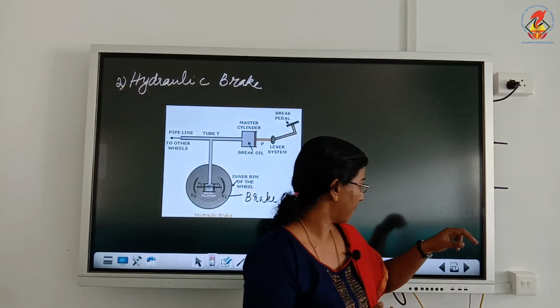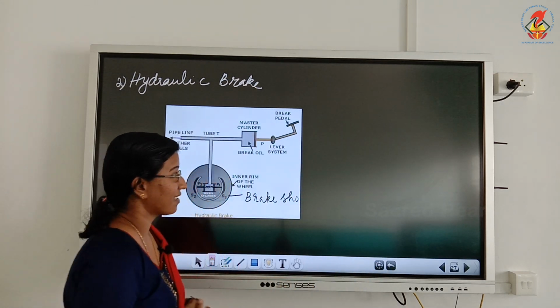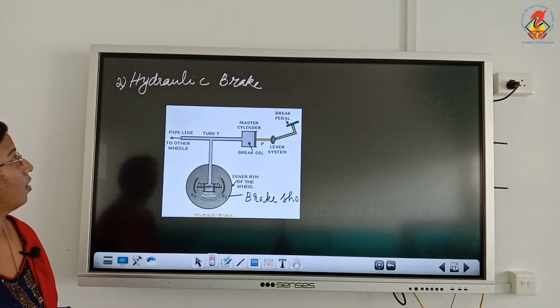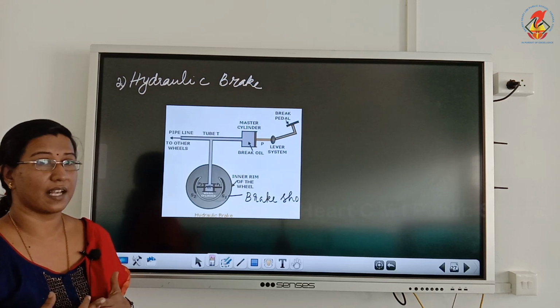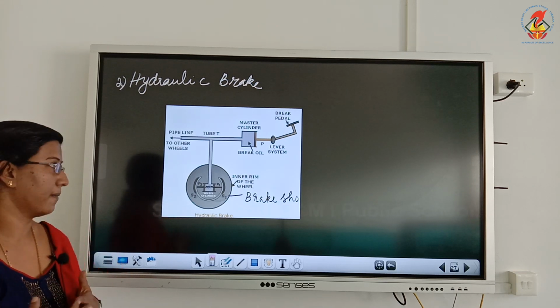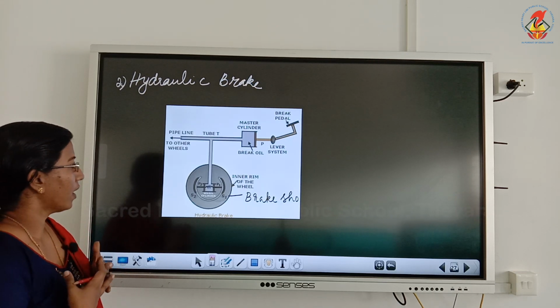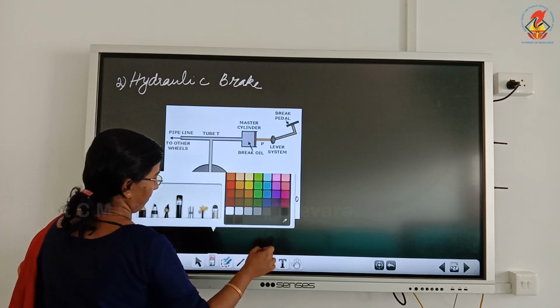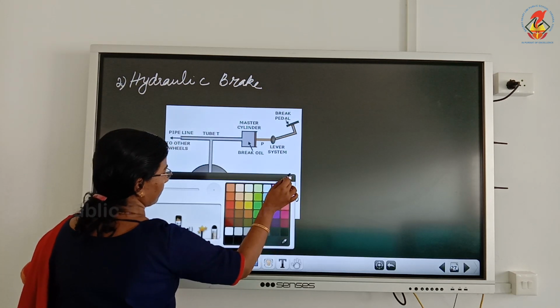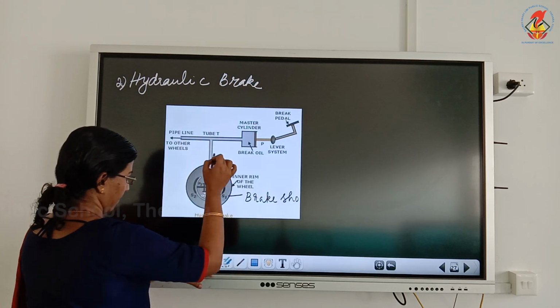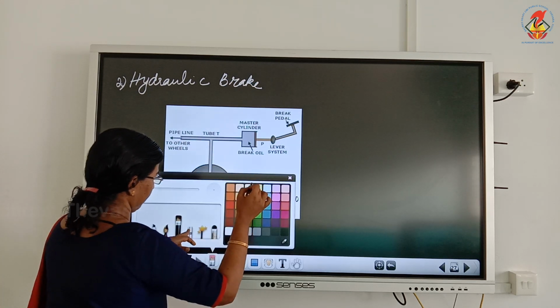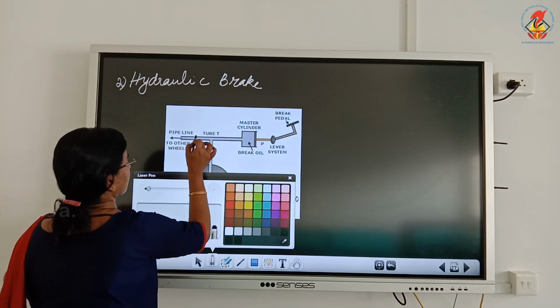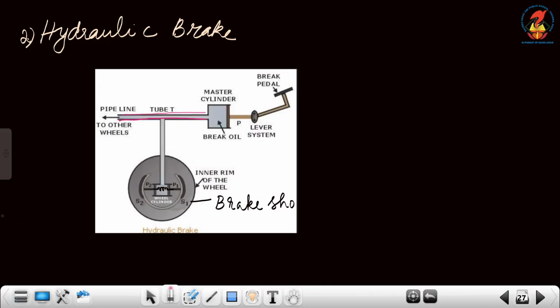Now next, let us see what is the second application of Pascal's law, that is the hydraulic brake. The hydraulic brake mainly consists of a tube, which is filled with a fluid, the brake fluid.